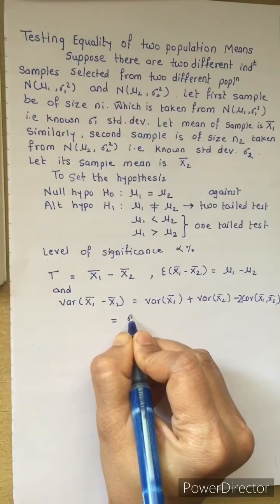And now this follows a standard normal variable. So this is our test statistic to test the equality of two population means.